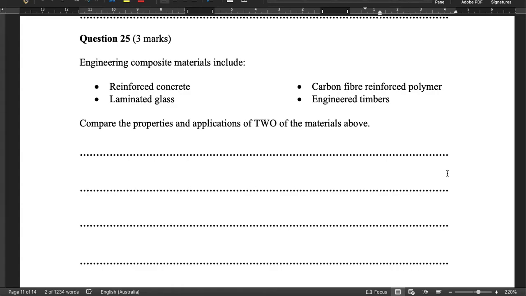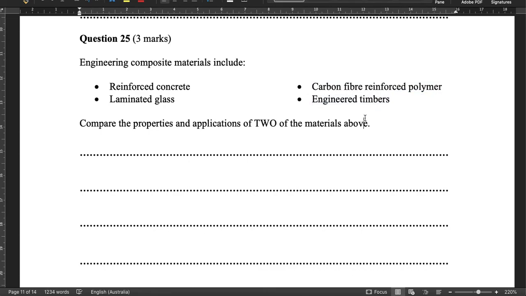But the important thing is that in both cases, I've described reinforced concrete. I've said it's strong and used in large structures. I've described carbon fiber reinforced polymers. And then I've made a comparison. The third sentence is the comparison. That's the 3rd mark.